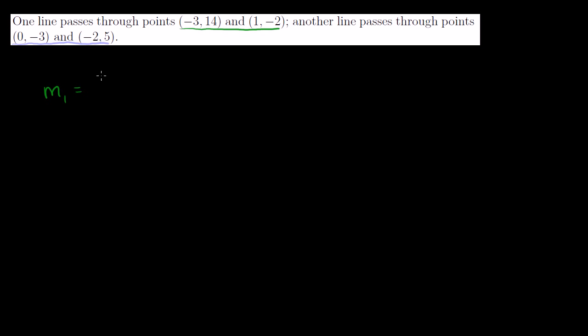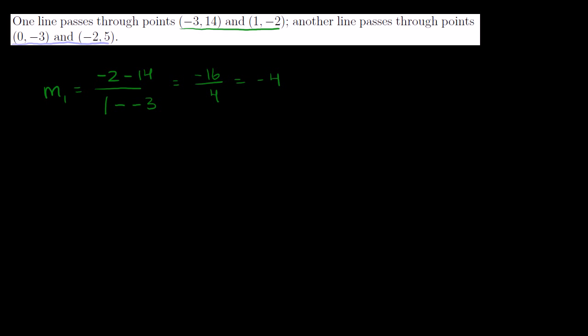So we could do negative 2 minus 14 over, I did negative 2 first, so I'll do 1 first, over 1 minus negative 3. So negative 2 minus 14 is negative 16. 1 minus negative 3, the same thing as 1 plus 3, that's over 4. So this is negative 4.